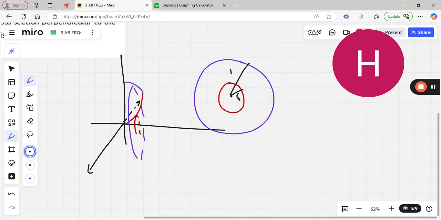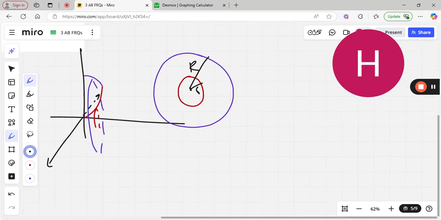Here's big R. And remember, the little r is just the distance from the axis of rotation to the red boundary, to the closer boundary. So that's just going to be the function for x squared. Whereas the big R is going to be the distance from the rotational axis, the x-axis, all the way up to the top boundary, the further boundary, and that's e to the negative x squared.